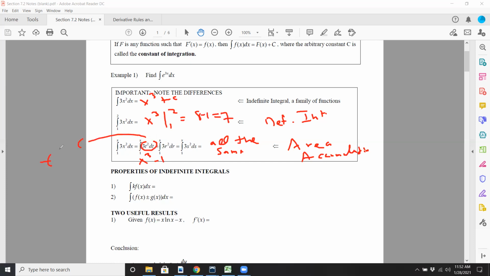Like, for example, that'd be t cubed over 3. You plug in 1 and x. Actually, I lied. Let me backtrack a little bit. Sorry about this. If I were to work that out, the antiderivative of 3t squared is 3t cubed over 3. My bad.